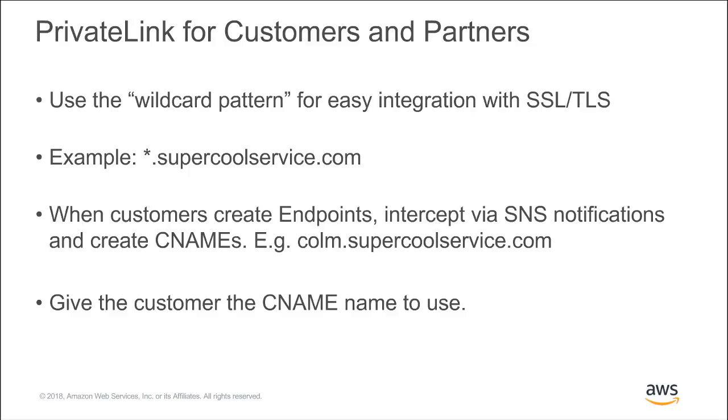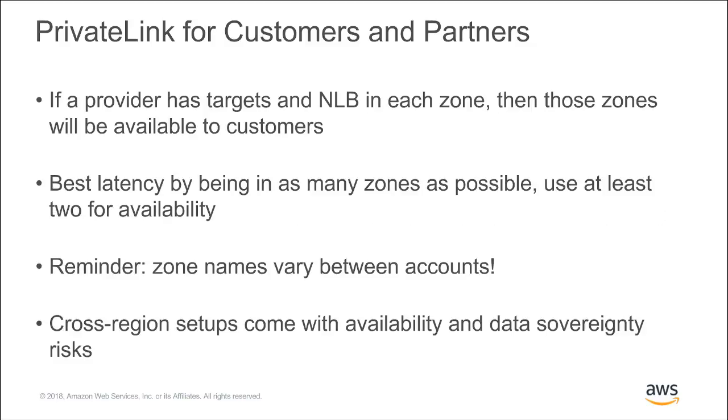So here I have one for me, right? colin.supercoolservice.com, and that would be a CNAME to the endpoint that was created for me. And then you could give the customer the CNAME to use, and it just works. Very simple. This is the pattern we use for our own services. So for example, S3 buckets, CloudFront distributions, RDS databases, and so on all have those simple resource names dot service name. And it's a very convenient pattern that people are used to. So that's something we'd recommend.